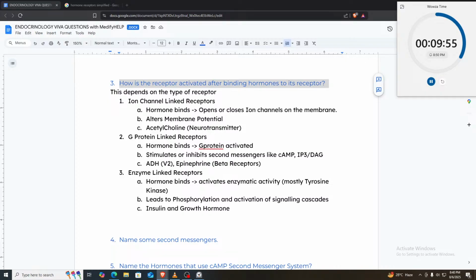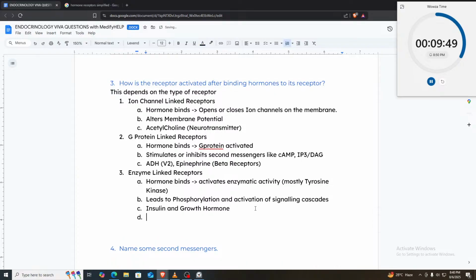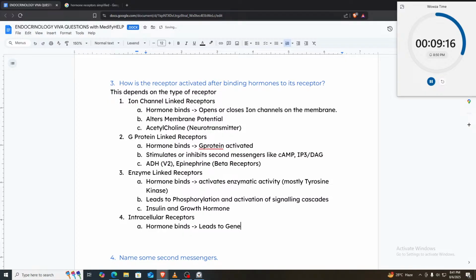Where would those come in? Those are intracellular receptors, right? So intracellular receptors, basically the hormone binds, and then it activates, leads to gene transcription.